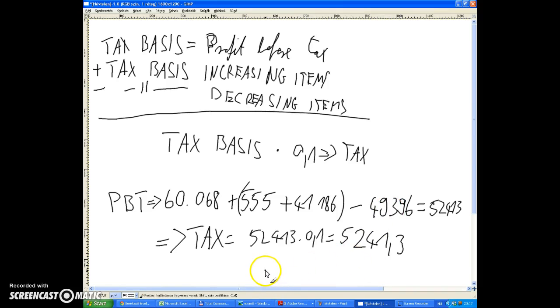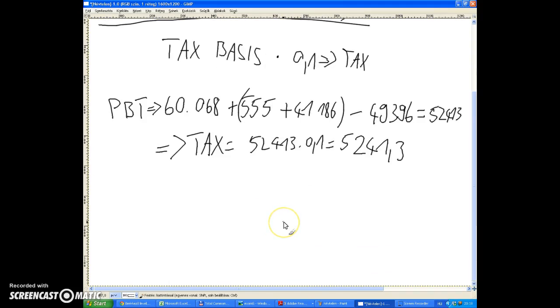Okay, and we have to record this transaction. Well, we have to make some entry to the journal or to the T accounts, and what we have to do now, we have to set our liability against the government.